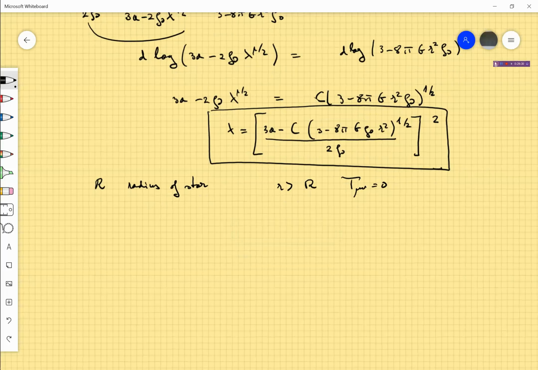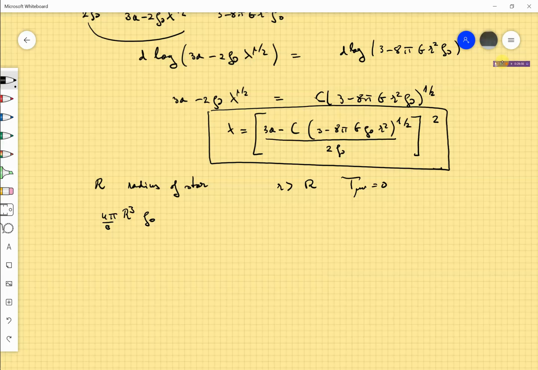This means that when I integrate and find the mass function, if I integrate for a value larger than R, what I get at some point is 4/3 pi R cubed rho 0, because only r smaller than capital R contributes. This is what I'm going to get.